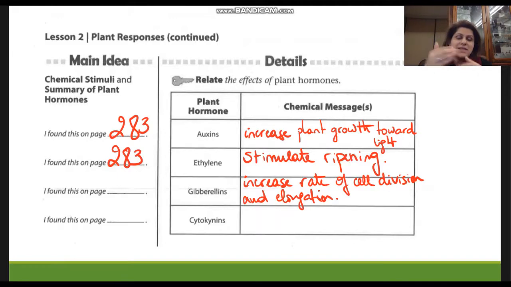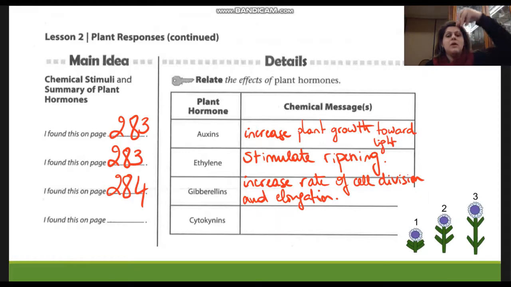That's cell division, okay? Same thing for the plants. They increase the speed of the cell division. And what else? Elongation. So they become longer. The word long is inside that word.